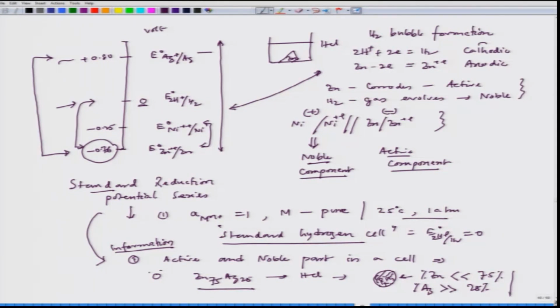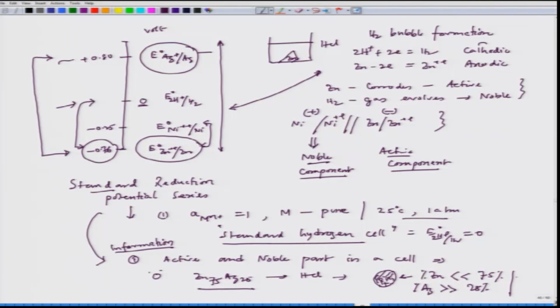This happens because in this condition, this particular standard reduction potential is pretty high, as well as this one is pretty low, and if we compare these two reactions, then zinc would corrode, zinc would dissolve, and silver would remain, or silver would deposit back if at all there is silver in the system.